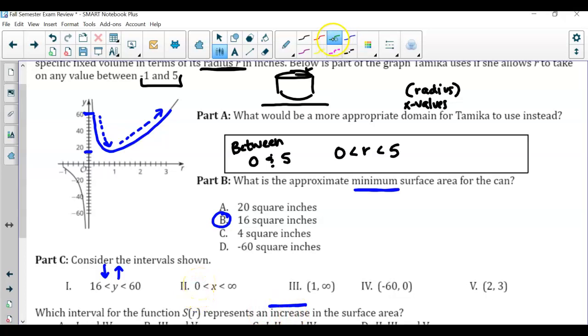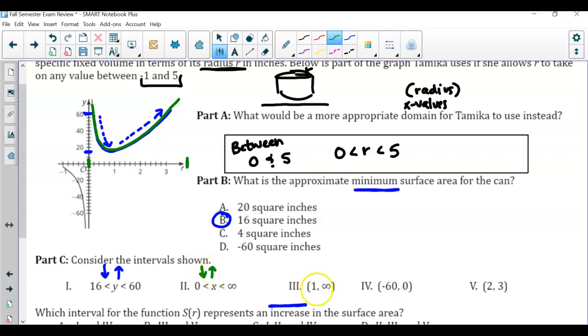Then x values from 0 to infinity. So going on and on. Again, we're looking at the same portion of our graph, but a little bit further. So again, we're increasing and decreasing over this interval.